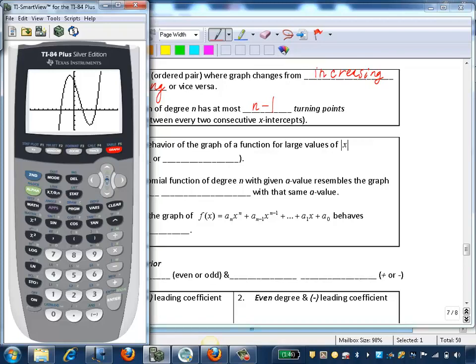And between each of these x-intercepts, we can see there's a turning point. So we see there's a max between these two, and there's a min between these two. So the graph is increasing until it gets to this turning point, and then it turns around so that it can cross the x-axis again. It's decreasing until it gets to this turning point, then it turns around so it can cross the third time.